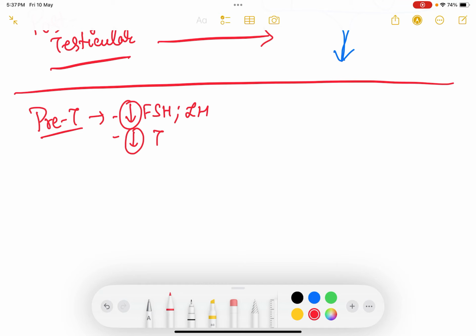So when FSH and LH are low and testosterone is also low, then the cause is pretesticular. So what can the pretesticular causes be? It can be endocrine disorders. Patients can have hyperprolactinemia, thyroid dysfunction, gonadotrophin deficiency. Okay, all these things can be there.